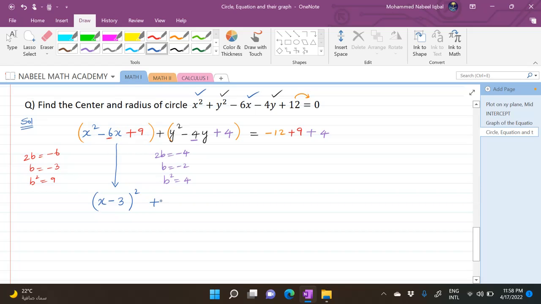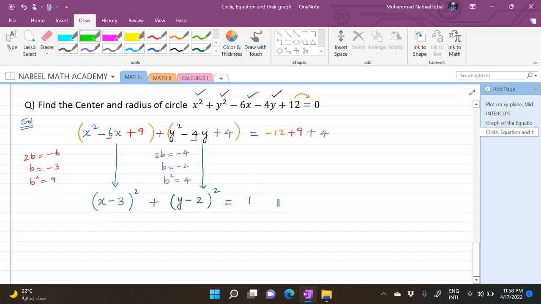Next, similarly, what about this part? I write it here, whole square. This is y minus, take the square root, you will have 2. So (y minus 2) whole square is the perfect square of this term. Equal, it is minus 12 plus 13, which is equal to plus 1.